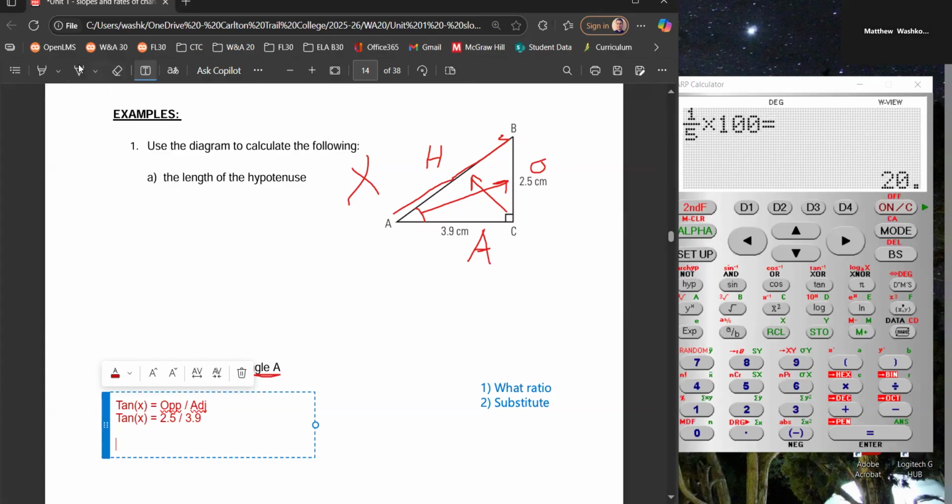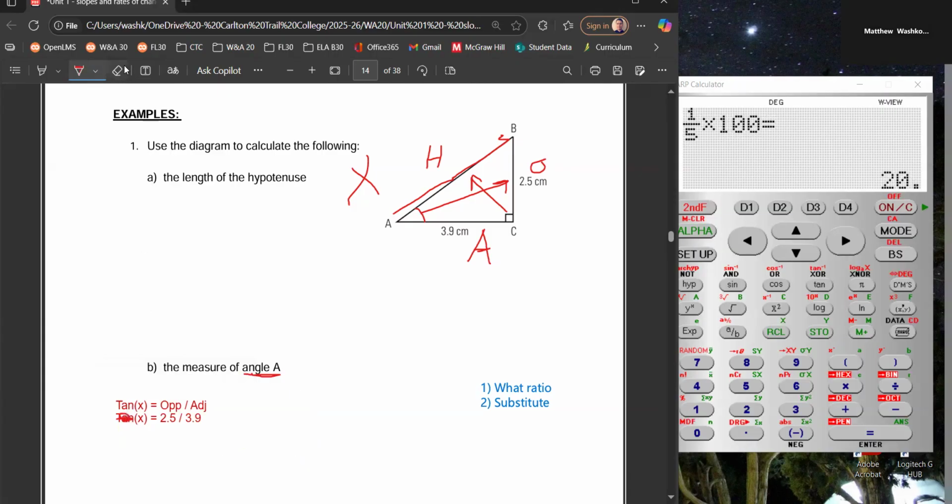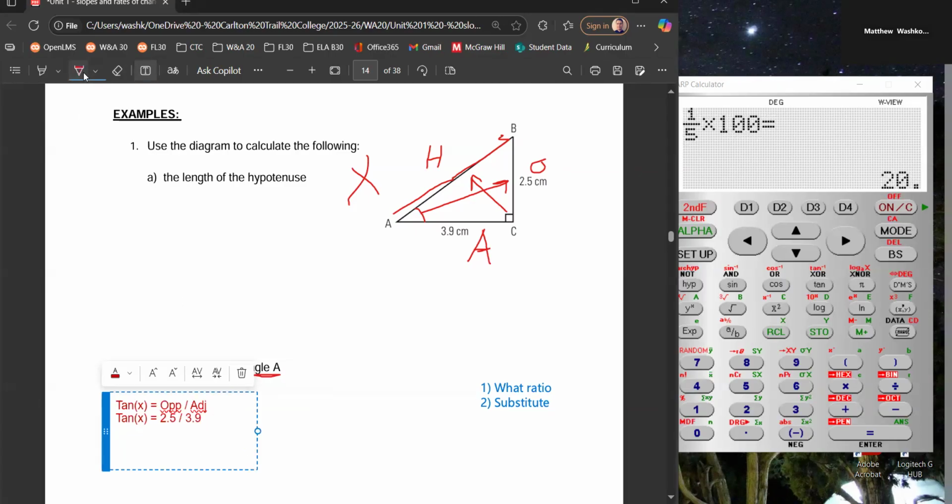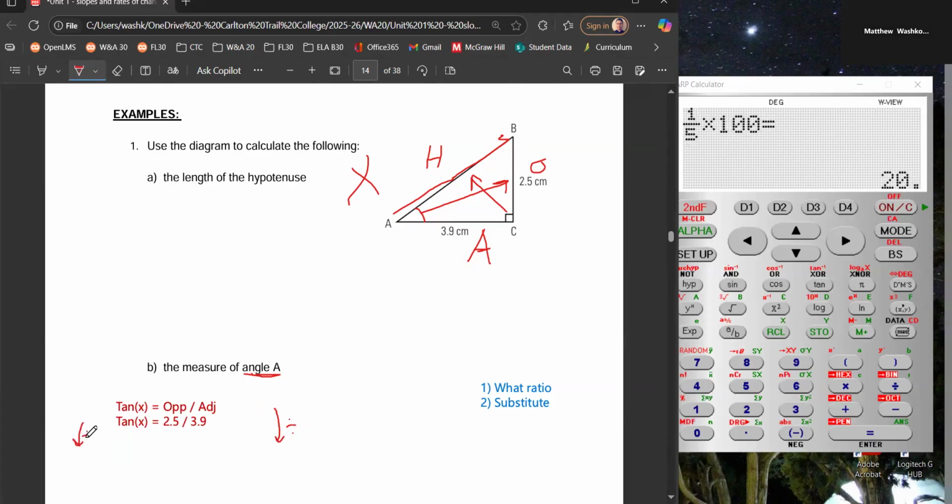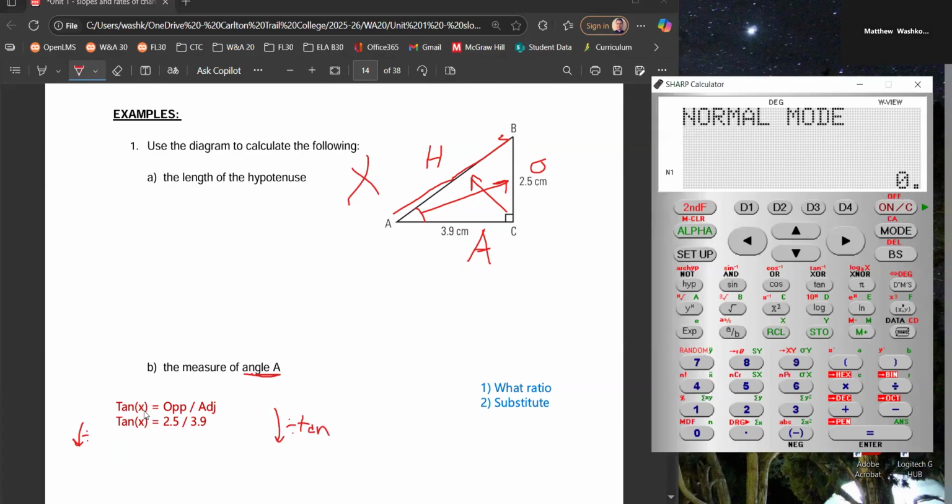So I need to get rid of this. I need this tangent to go away. So how do I do that? Well, I'm going to divide both sides by tangent. Oh, that's easy. Okay. So I'm trying to get rid of this. I need to divide it on both sides.